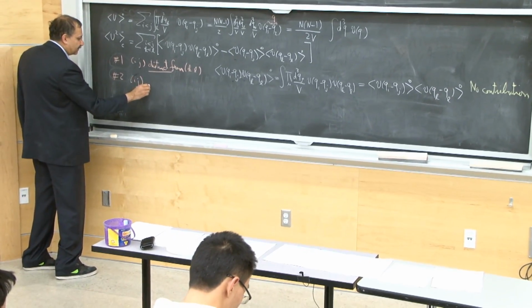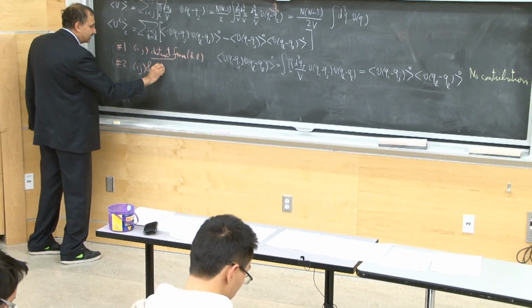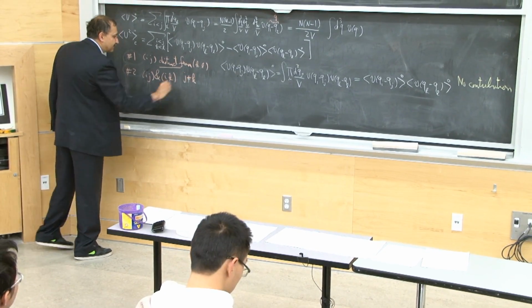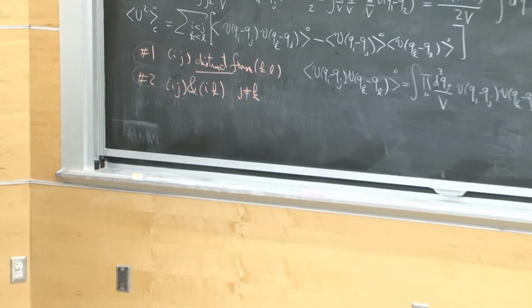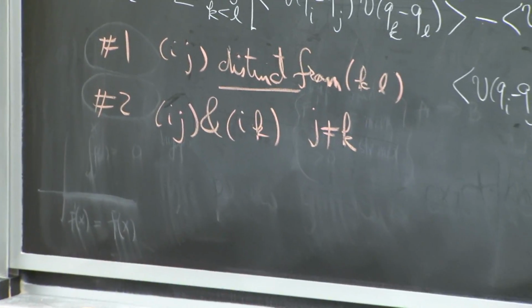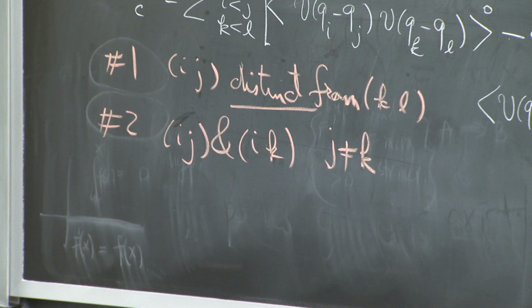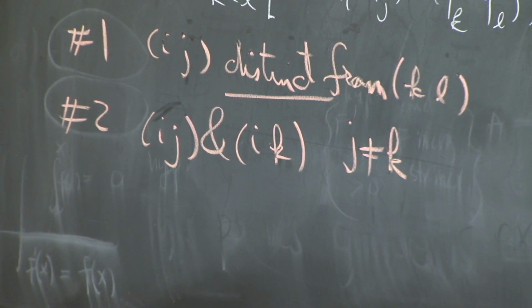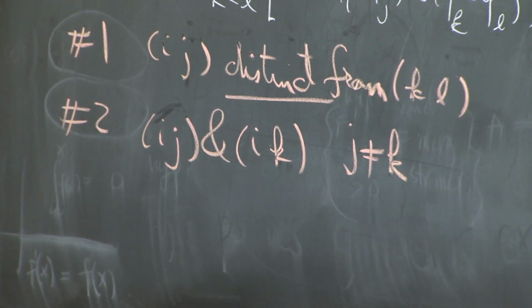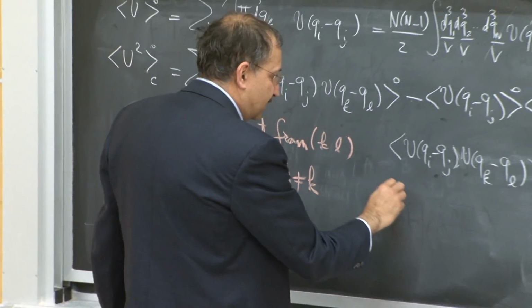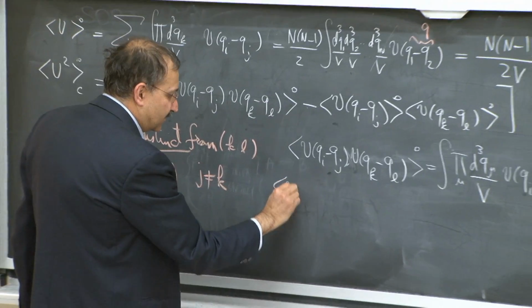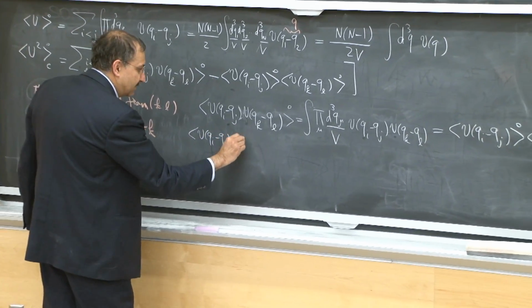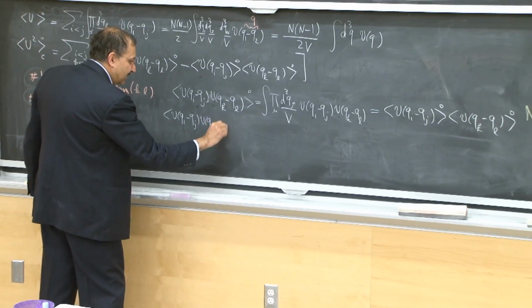Ij and ik, with j not equal to k. So basically, I make the pairs have one point in common. So previously, I had a pair here. Now I joined one of their points. Okay? So what do I get here? I will get, for this average, qi minus qj, qi minus ql.